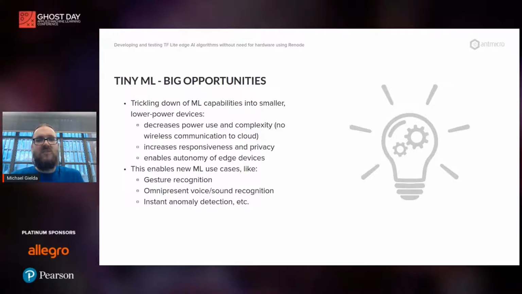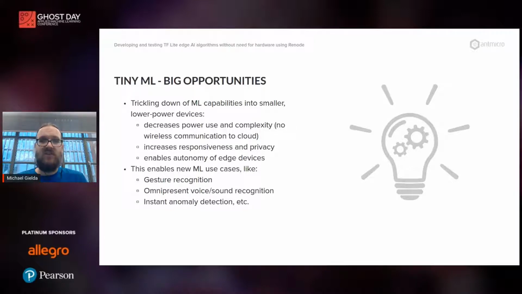And those kinds of devices, of course, are much more omnipresent than, say, a server. They're much closer to you. They're much nearer to the end use case. And using machine learning on the very edge actually gives you some advantages. For example, you can use less power because you're not communicating with some kind of cloud infrastructure. You have less complexity.